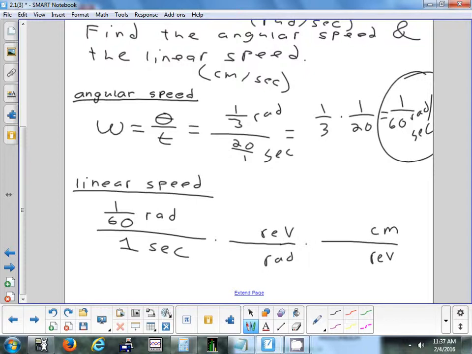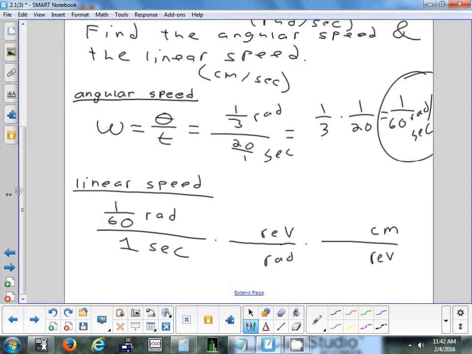This conversion you should know, we did that earlier. How many radians in a revolution? This is the one that's different in every problem. You have to figure out how many centimeters in one revolution. See if you can figure that out from there.